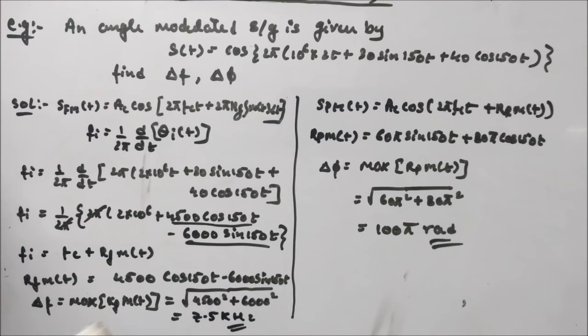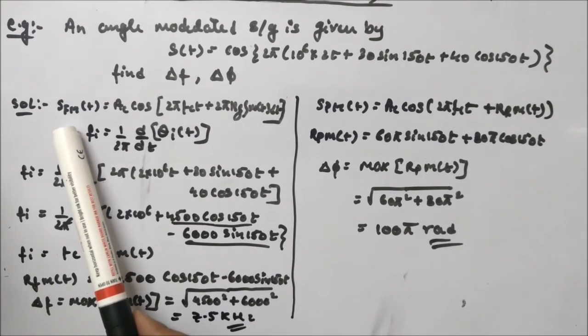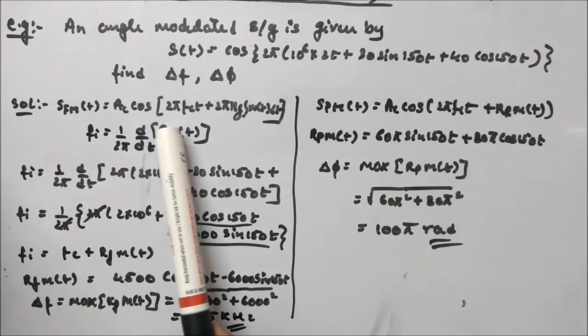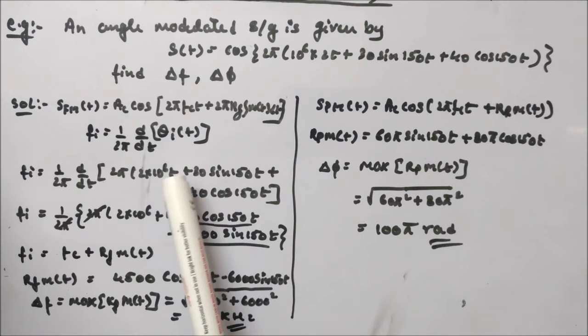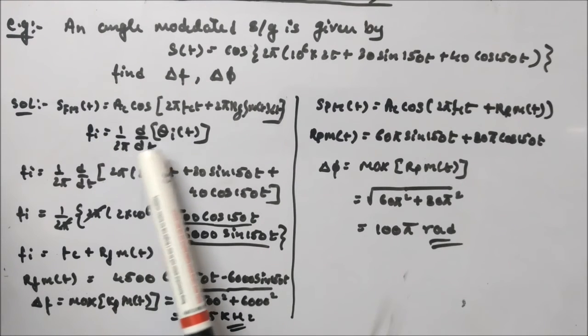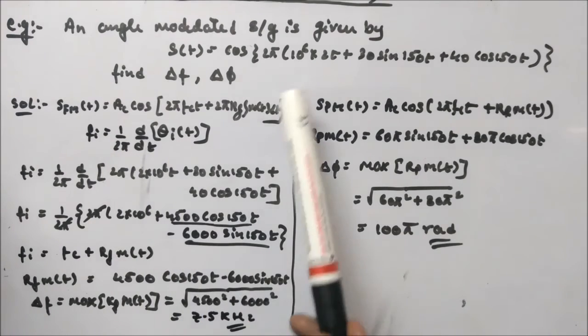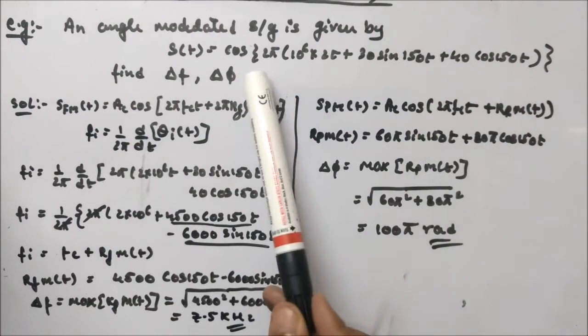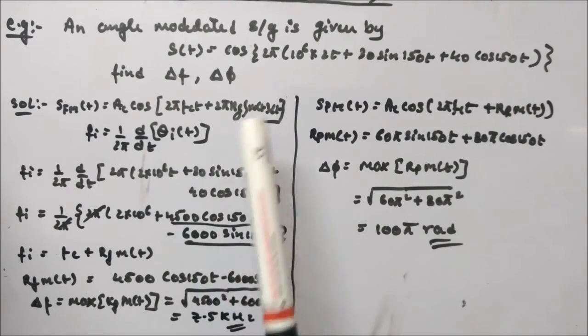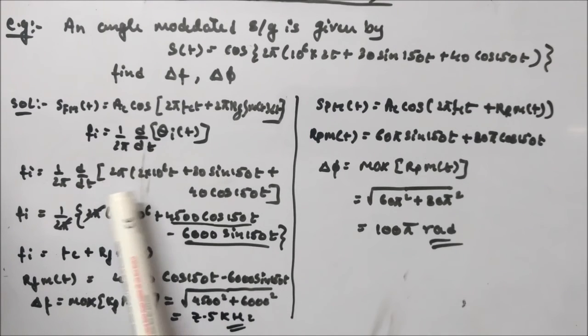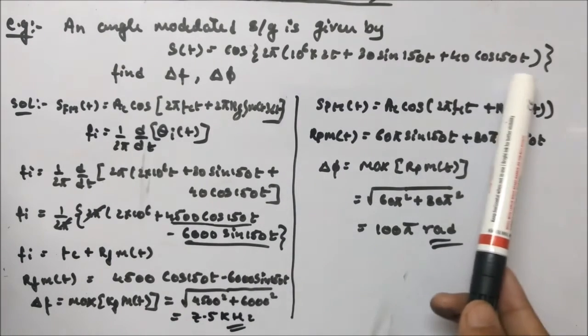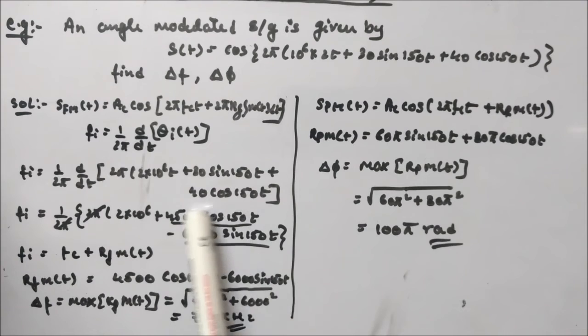Let's look at the solution. Since your standard FM signal is given as A_c cos(2πf_c t + 2πK_f integration of m(t) dt), where f_i is 1/2π d/dt of theta_i(t), where theta_i(t) is the full argument inside the cos. In our case we have 1/2π d/dt of theta, which is this, so I put it here.